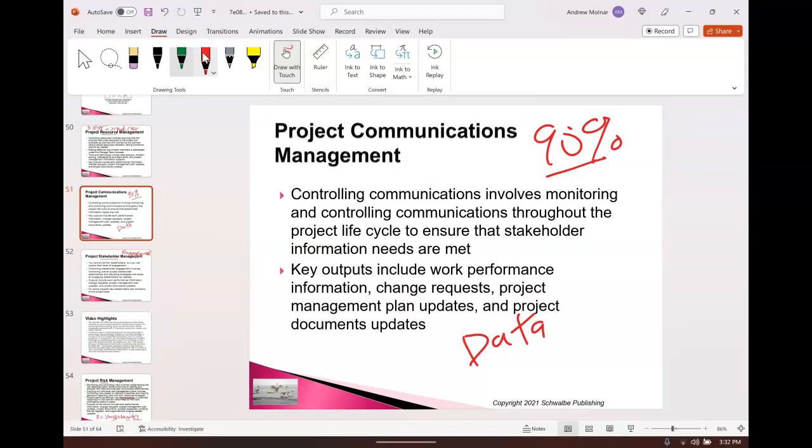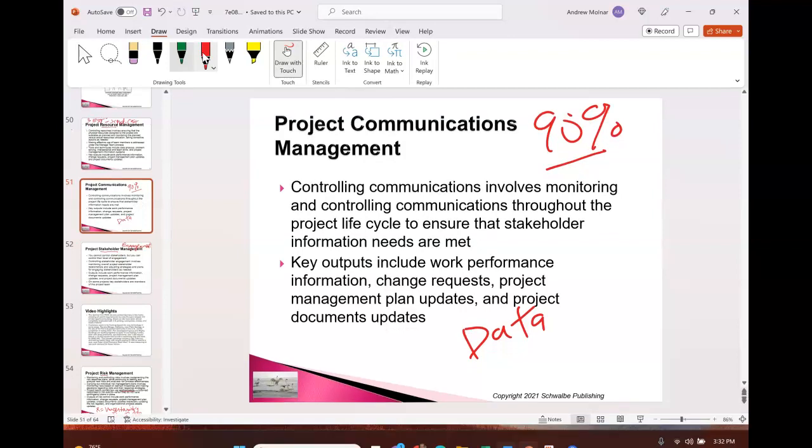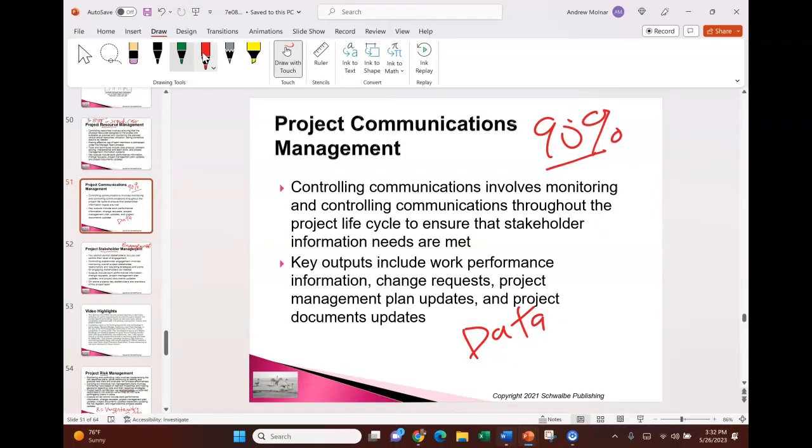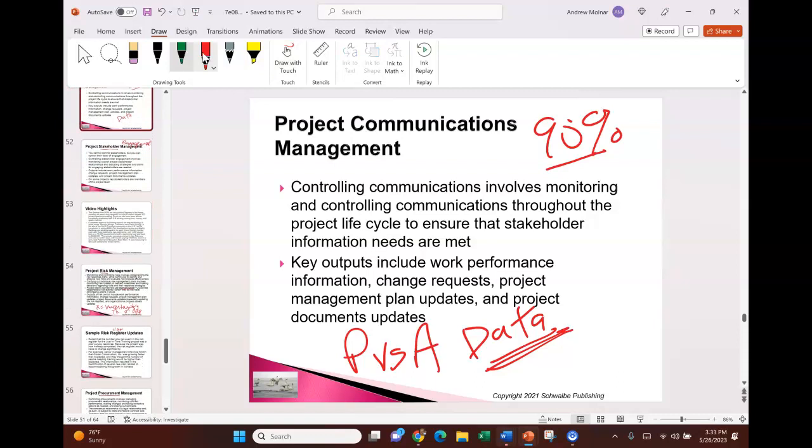And what are you communicating? Not just talking to people. It's not a phone number. It's not a cell phone list. It's not an email list. You're communicating data. You've been collecting data from the plan, comparing it to the actual data, and you are creating graphs, charts, spreadsheets, and sharing that with the right stakeholders for input, for knowledge, etc.